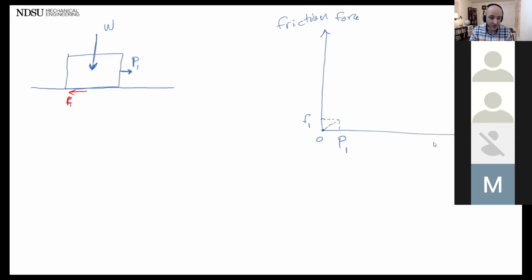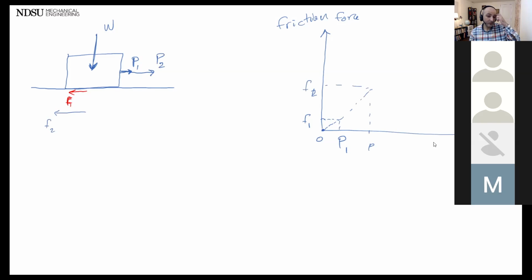What is tangent? Means it's on the surface. I'm going to increase my force a little bit more to P2. Okay, that's going to create a bigger friction force for me of F2.